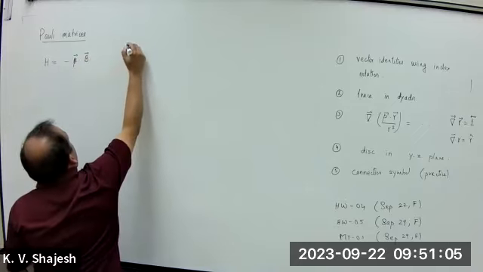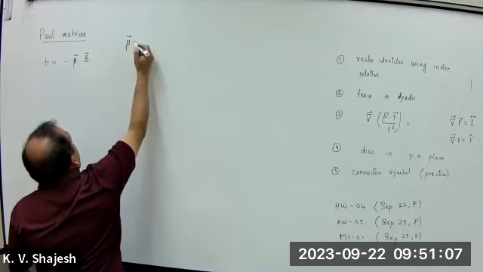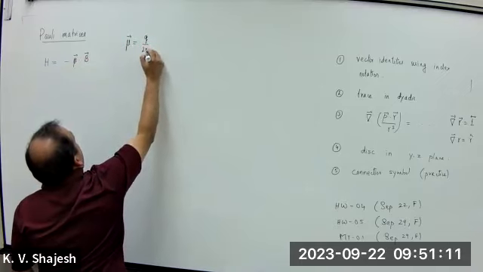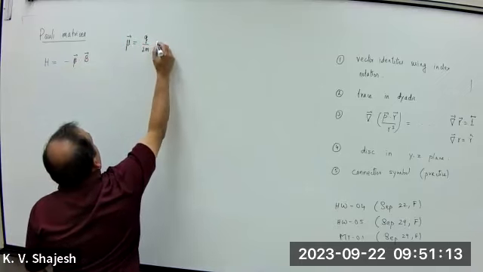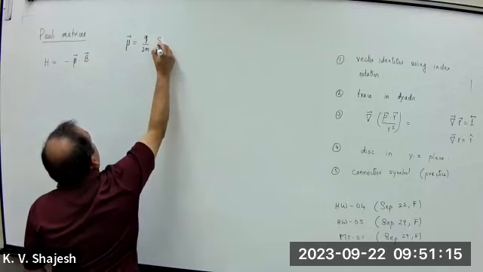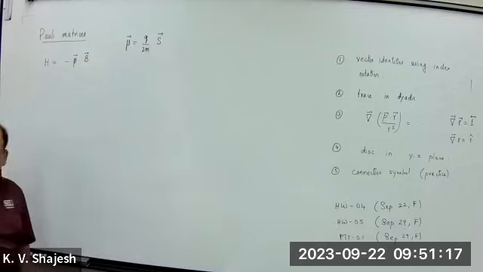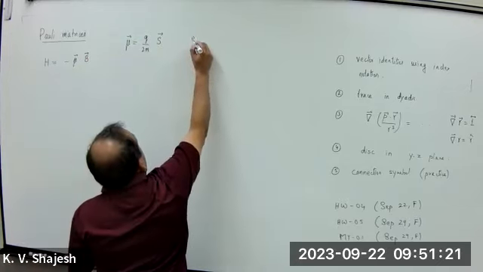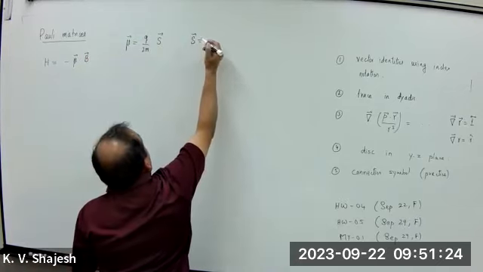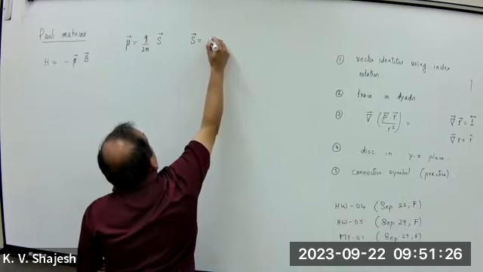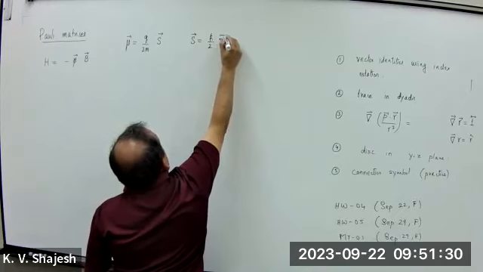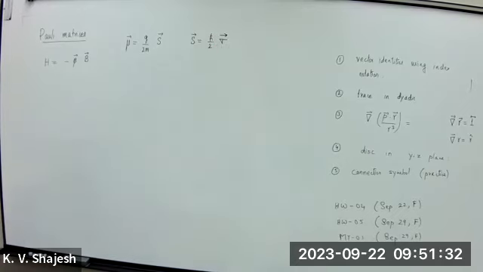Mu is the magnetic moment, and that is q over 2m times the angular momentum. If the angular momentum is purely spin based, and especially if it is spin half, then this is h bar over 2 times the Pauli matrices.